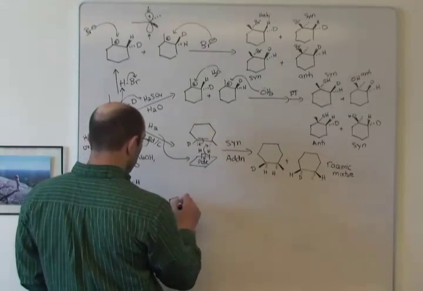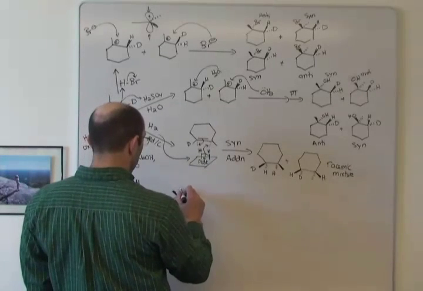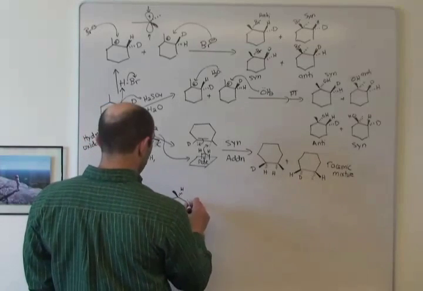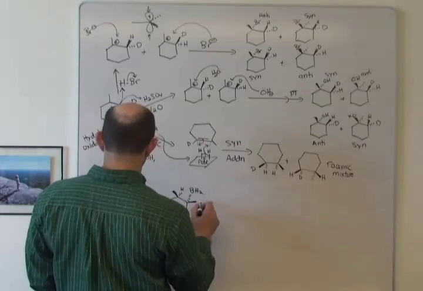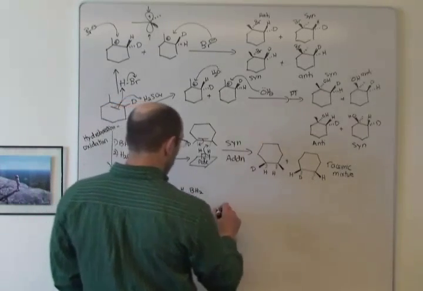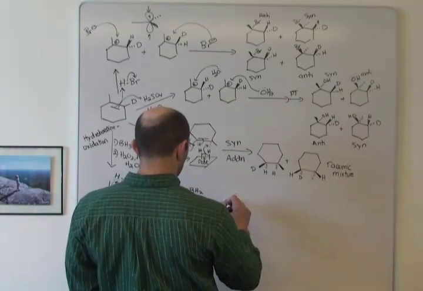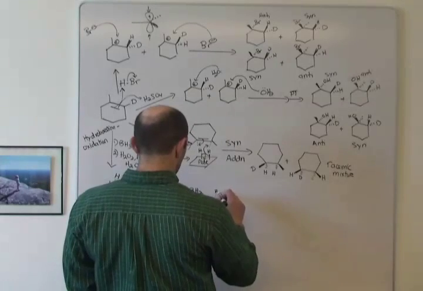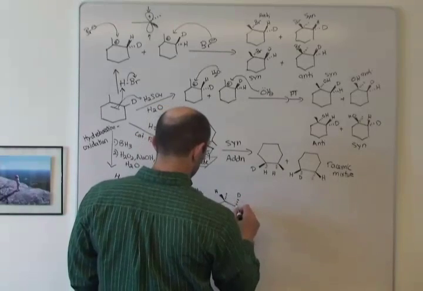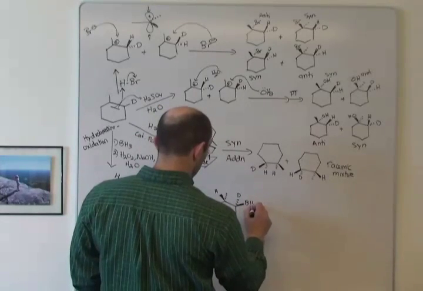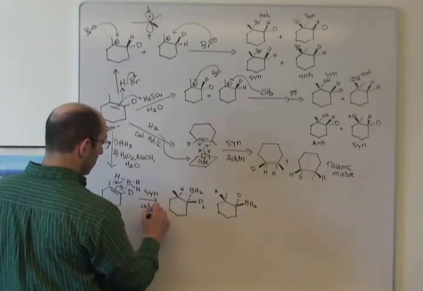And when we do this, we can add the B and the H from the back, or we can add from the front, so that we're doing a syn addition.